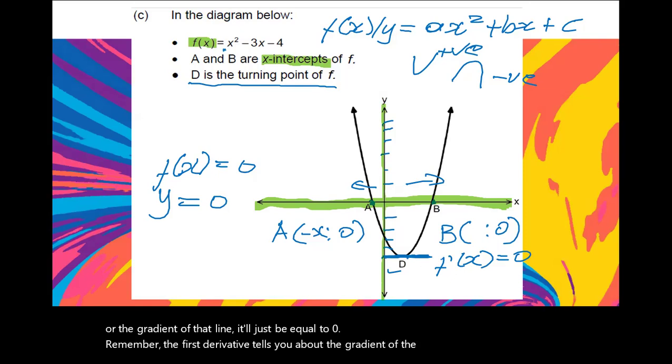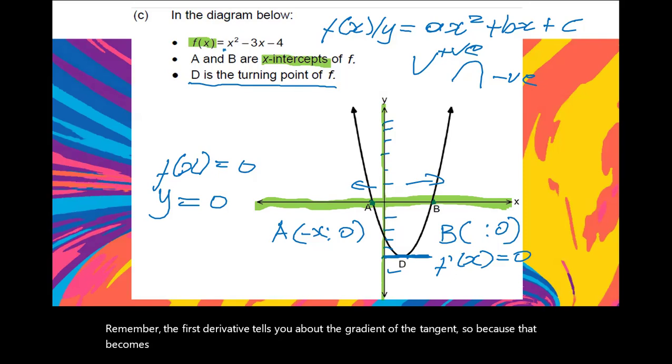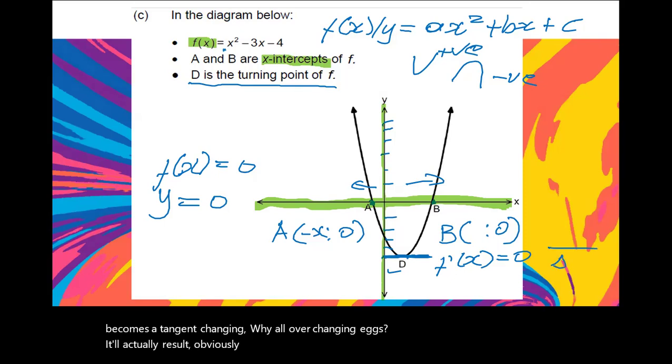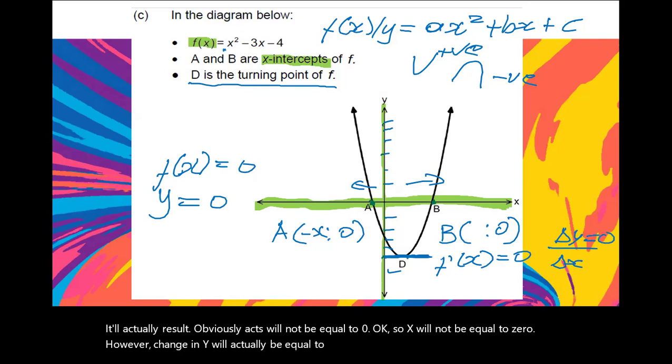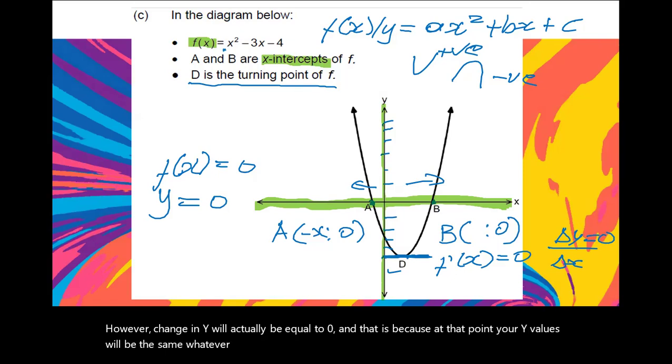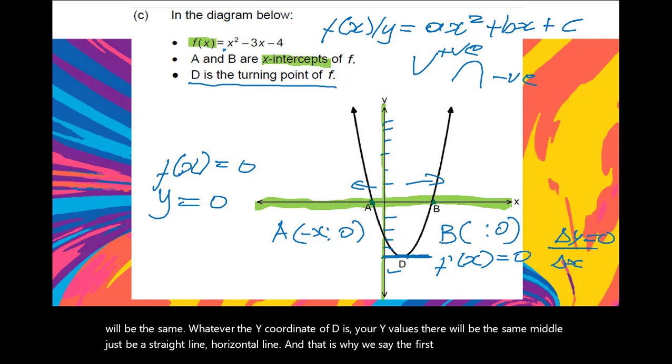So because that becomes a tangent, change in y all over change in x, obviously x will not be equal to 0. However, change in y will actually be equal to 0, and that is because at that point your y values will be the same. Whatever the y coordinate of D is, your y values there will be the same. It'll just be a straight line, a horizontal line, and that is why we say the first derivative at that point is equal to 0.